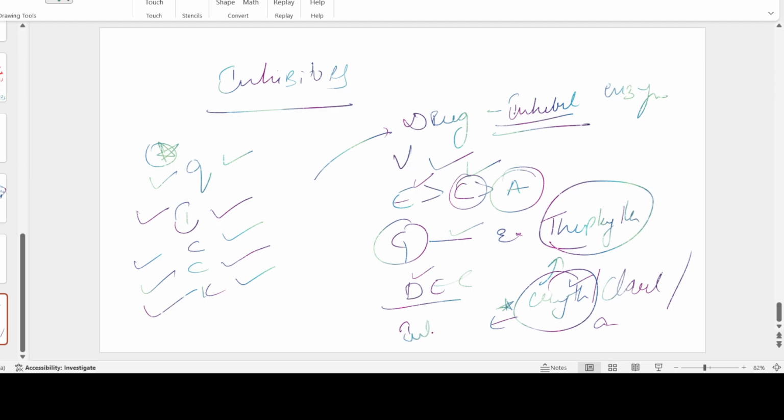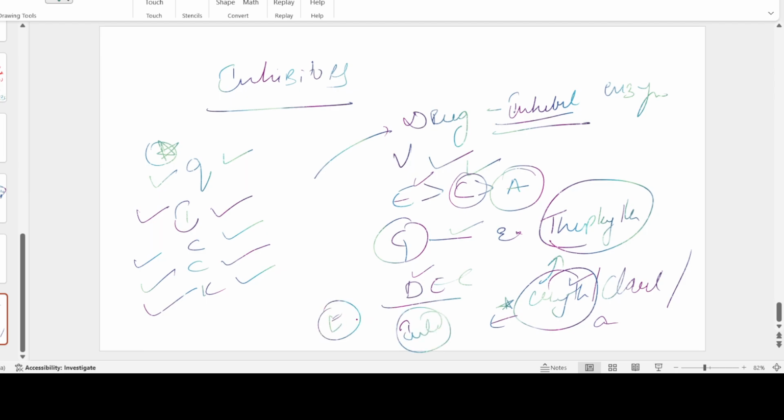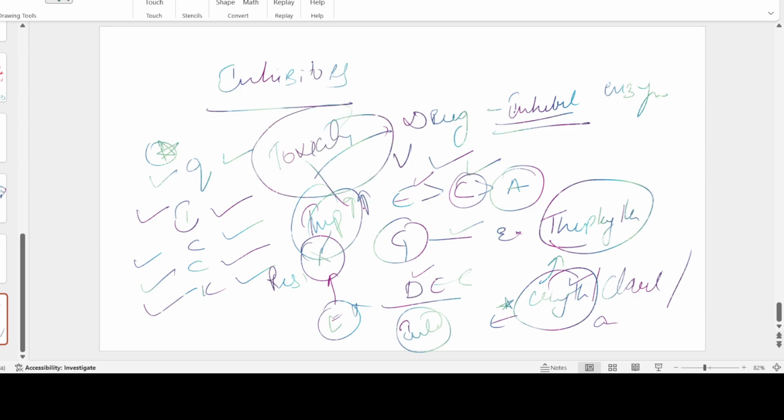It inhibits the enzyme which is responsible for the breakdown of theophylline. Once it inhibits the enzyme, theophylline increases in the blood, and that leads to toxicity, right? It's written that theophylline can cause cardiac arrhythmias when erythromycin is given. There is a high risk of ventricular tachycardia, ventricular fibrillation, cardiac arrest, and death.